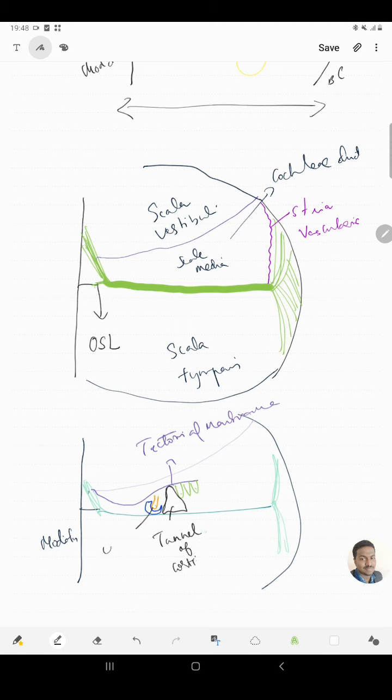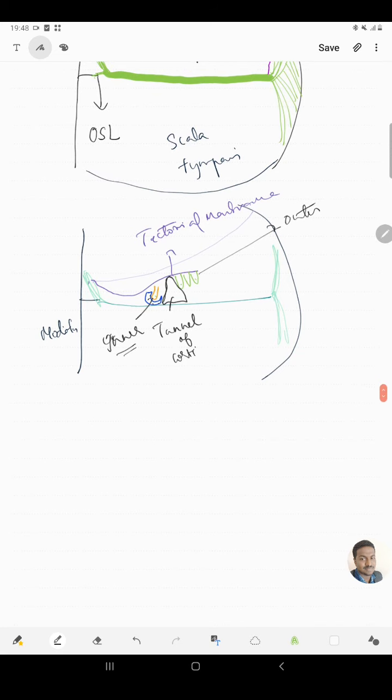For this inner hair cell, there are some supporting cells. Likewise, for these outer hair cells, there should also be some supporting cells, and those supporting cells are what we are going to see now.